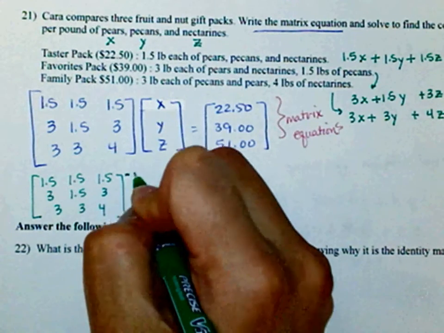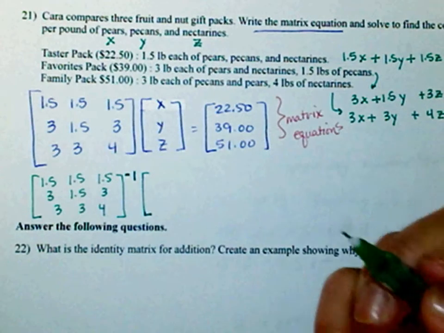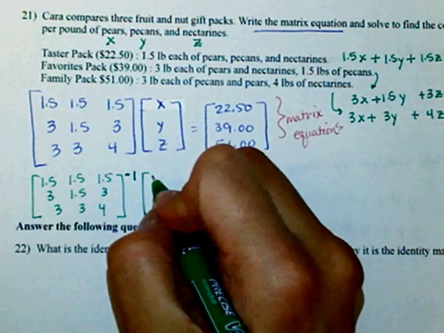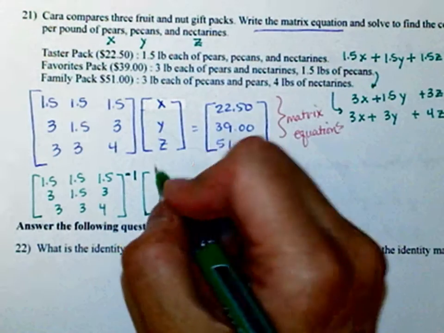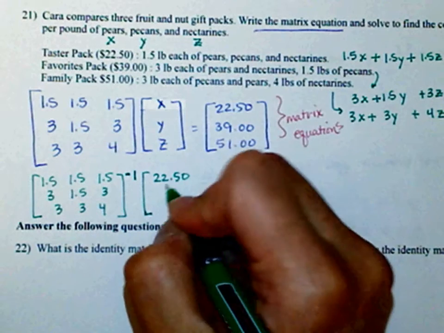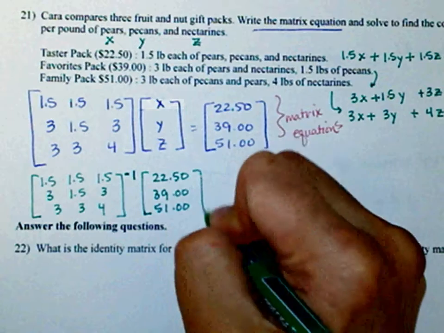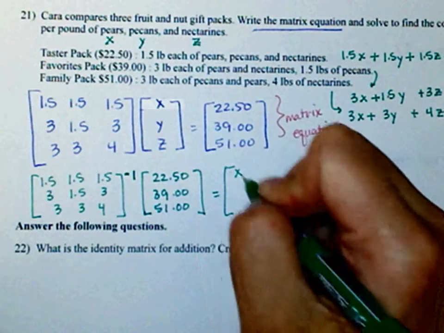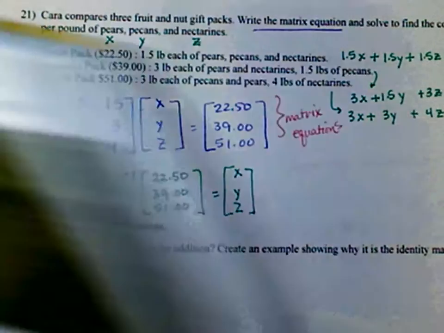I'm going to take the inverse of that. I'm going to multiply it times your constant matrix of 22.50, 39, and 51. And that is going to give me my x, y, and z, just like you did in the previous problem. So let's begin.